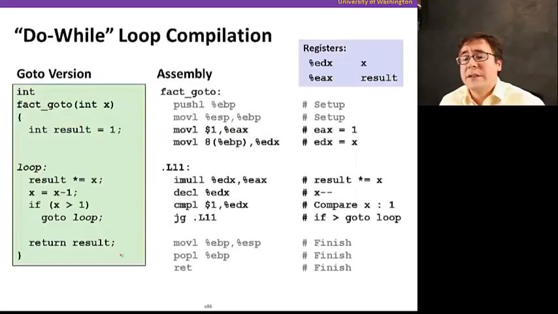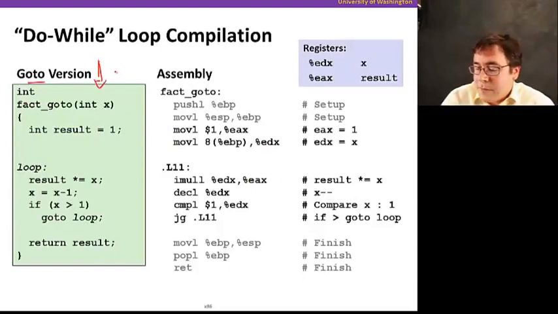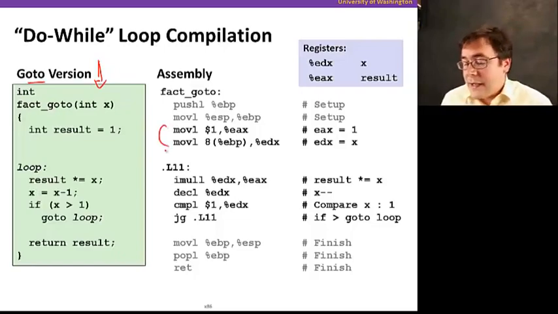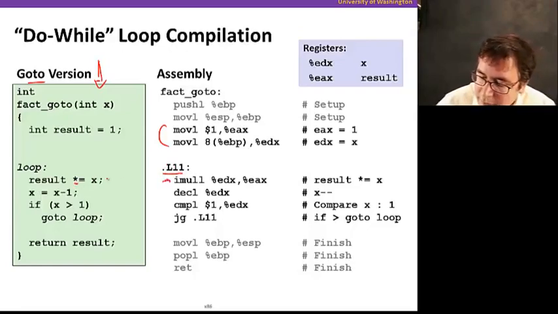So let's see how we compile this example. Here we have our loop using the goto version, and here's our assembly version on the right. This is just setting EAX to 1 and loading X into EDX. And this .L11 here is just a label for the beginning of the loop. Here we're executing the multiply instruction for this multiply here.